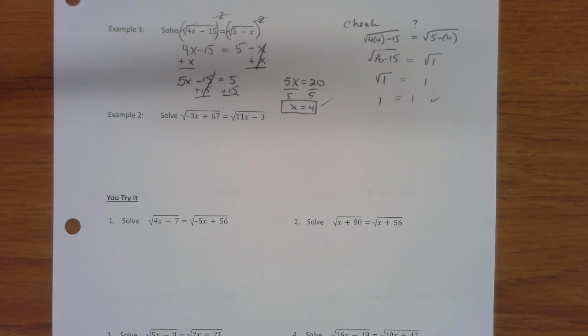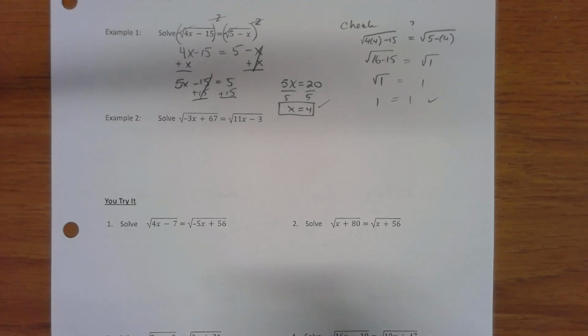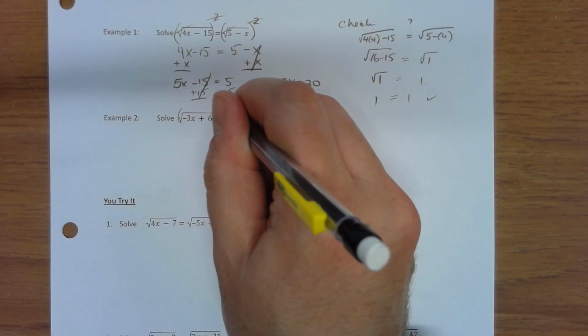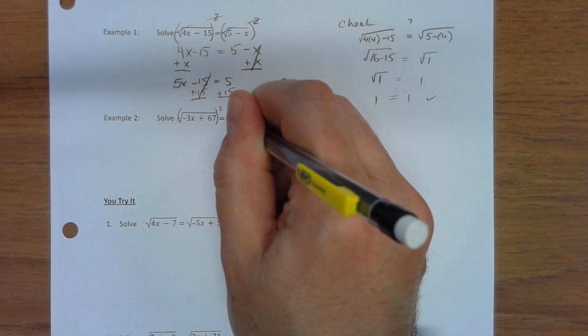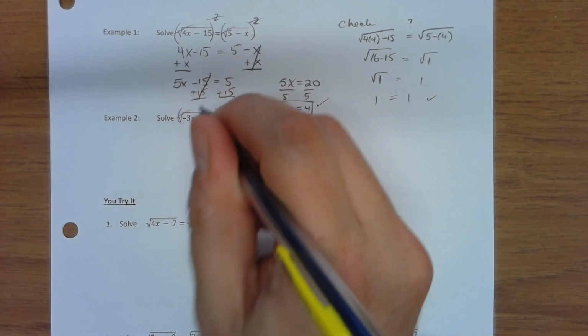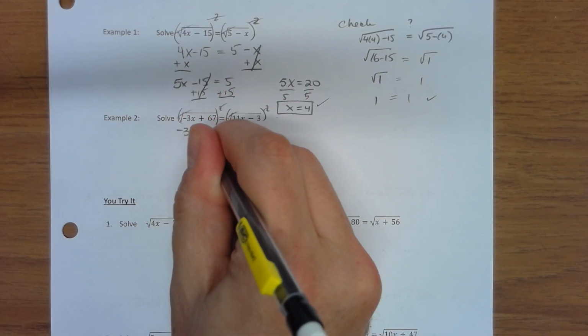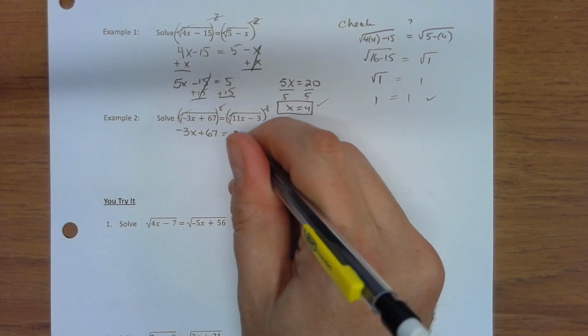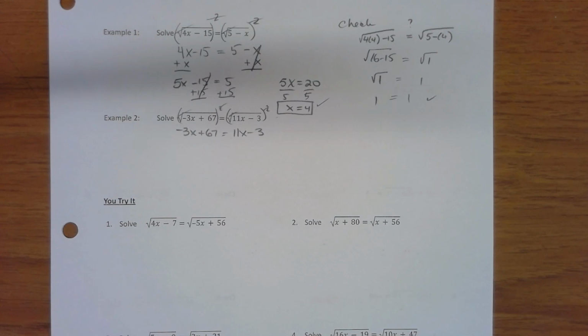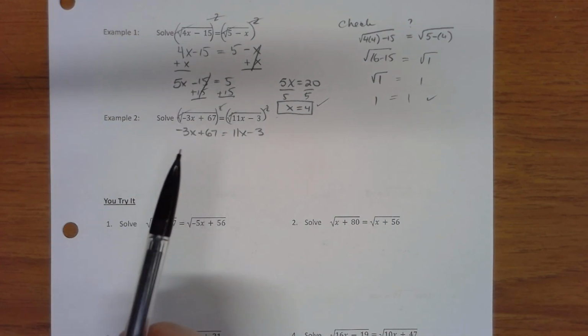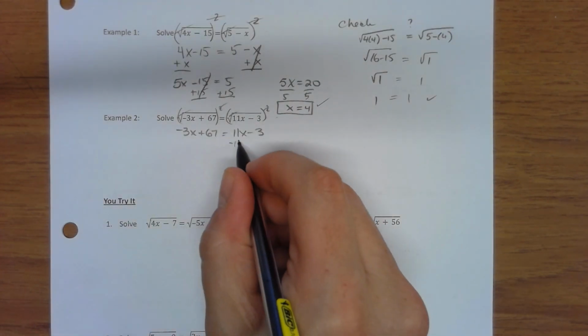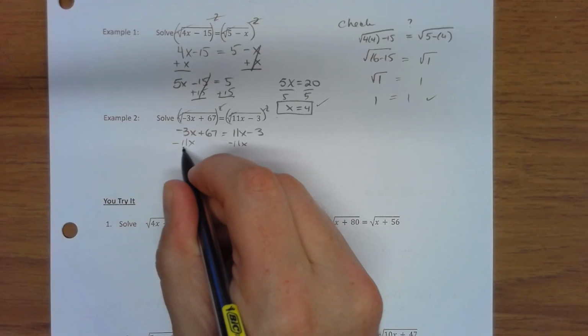Moving on to exercise 2. Both radicals are isolated on opposite sides, so we're going to square both sides. The square root and the squared are going to cancel. Negative 3x plus 67 equals 11x minus 3. Put the variables on the same side. It doesn't have to be the left side every time, but this time today I'm going to always put them on the left side.